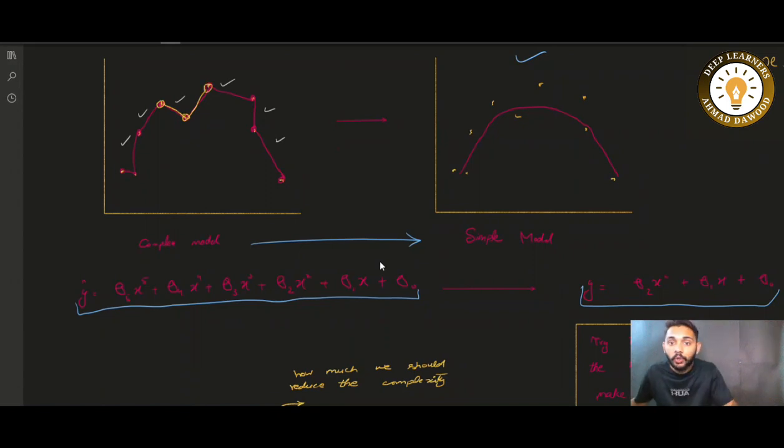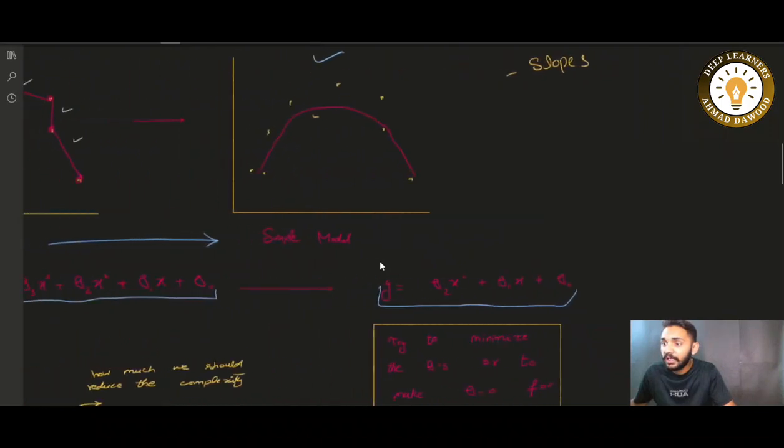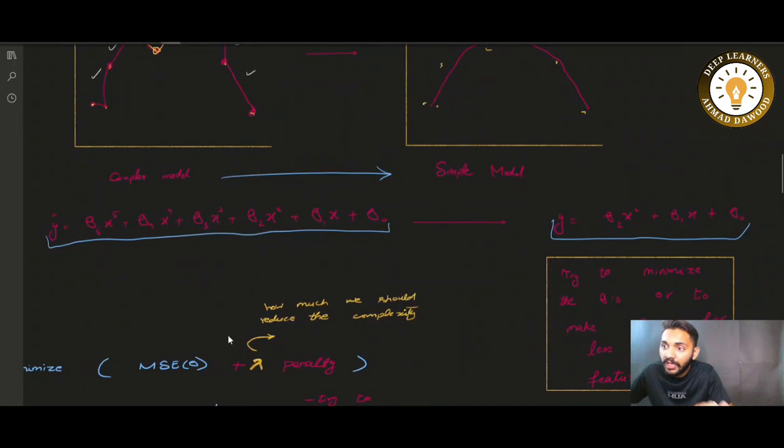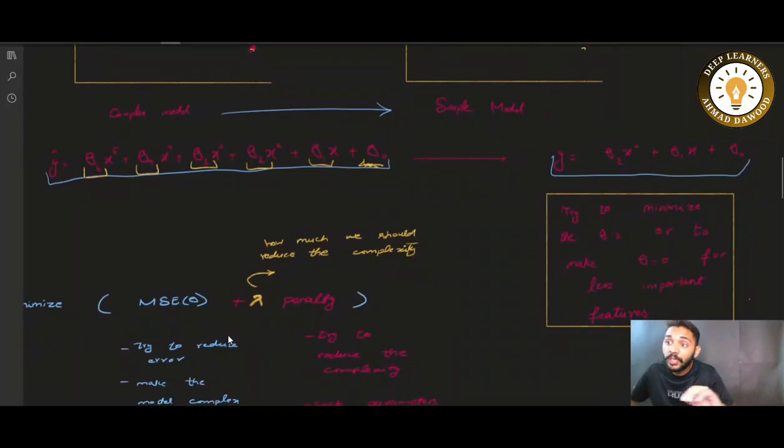Now, in two ways you can reduce this. One way is to reduce the parameter values. Usually we don't do this on the intercept. Sometimes you reduce parameter values to some extent, or sometimes you make some parameter values equal to zero.